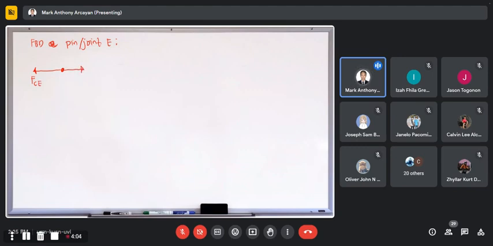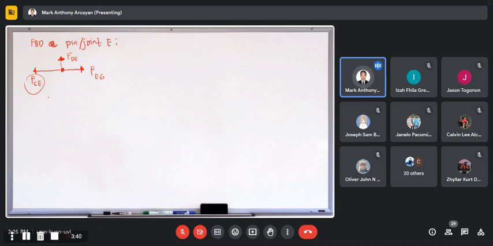Then sa other side, naa diri ay FEG. Nya sa babaw naa tay FDE. Okay. So given naman ang CE, duha lang ka unknowns, so ma-solve ni siya.